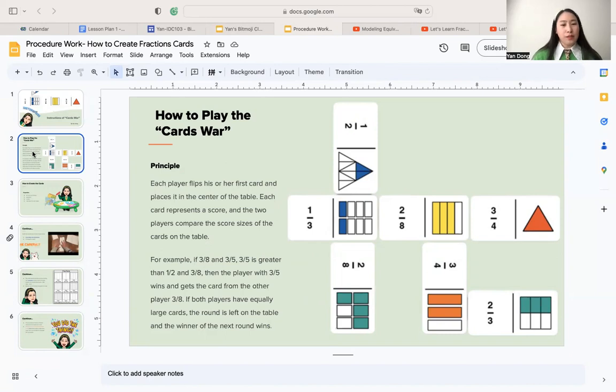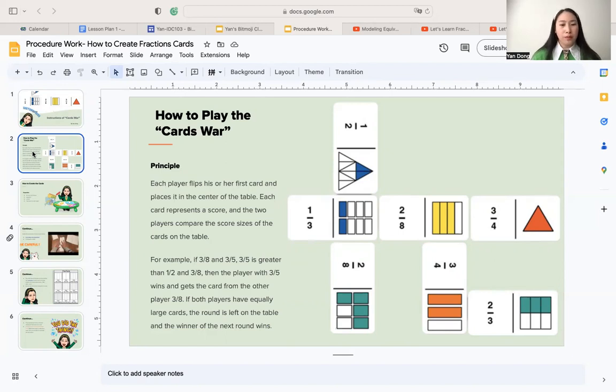So first, each player flips his or her card and places it in the center of the table. Each card represents a fraction, and the two players compare the size of the cards on the table.